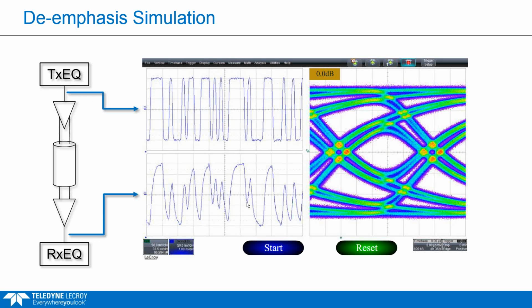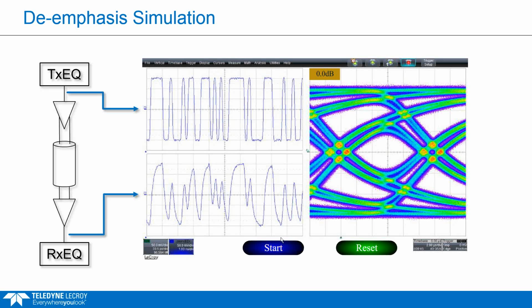And then the signal on the bottom, and also the eye diagram, is after the channel, but before the receiver equalizer. So what we see initially is, right now we have no de-emphasis turned on, so we see a nice clean signal coming from the transmitter, and then we see this degraded signal at the receiver after it's gone through the channel. You can see the eye is closed down quite a bit.